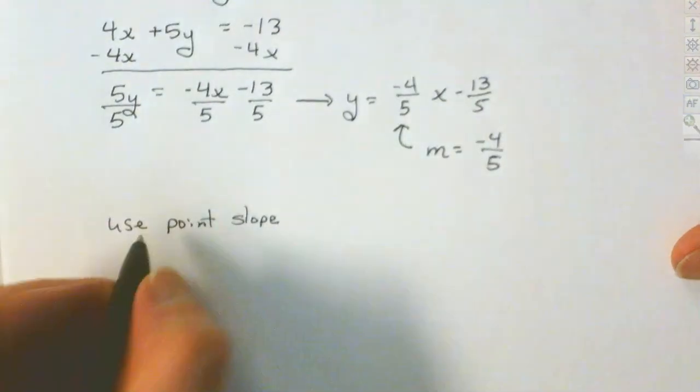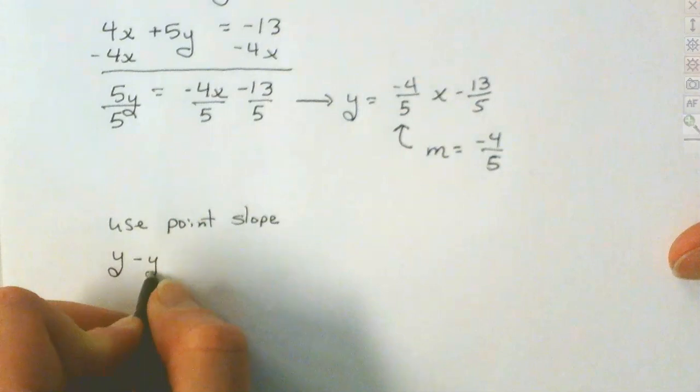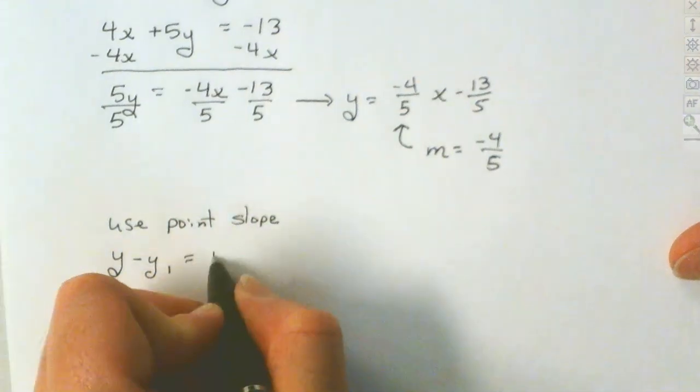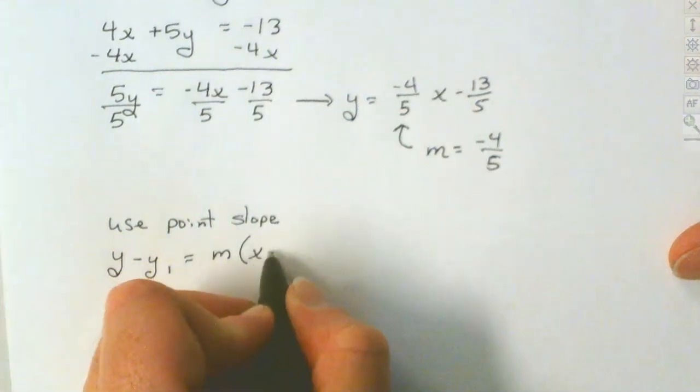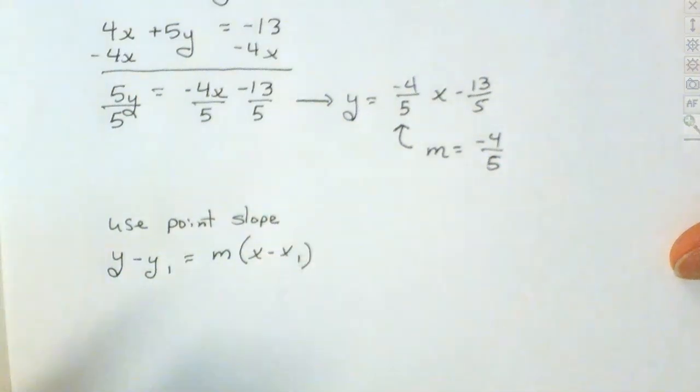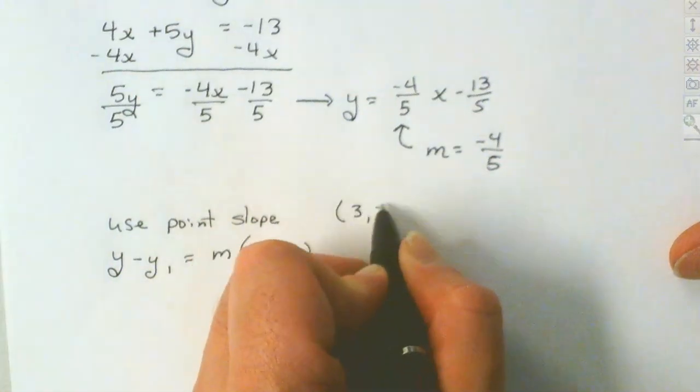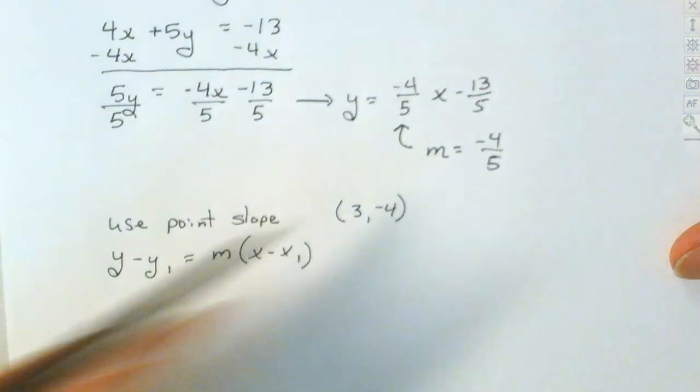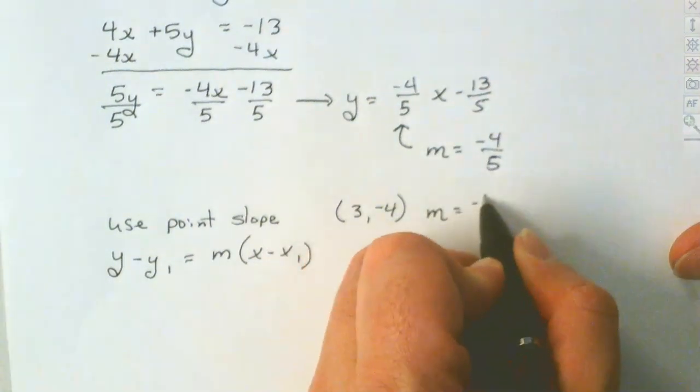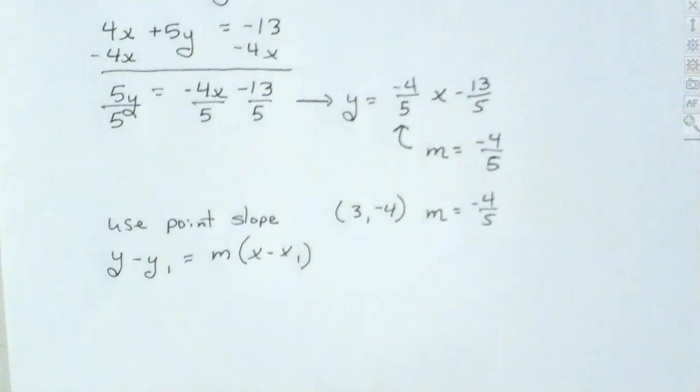I always like to write our formula out. y minus y1 equals m times x minus x1. And we've got 3, negative 4 for the point, and we're going to be using a slope of minus 4/5. This, by the way, is x1 and y1.